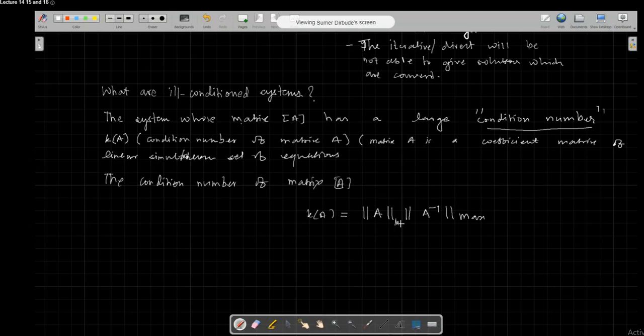You can take the max norm of matrix A and the max norm of the A inverse matrix and multiply them.